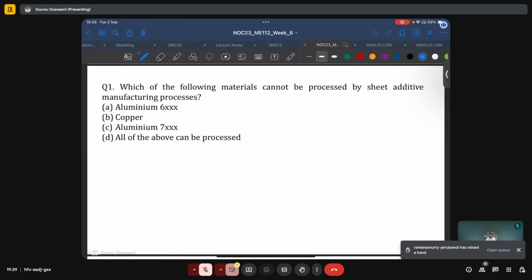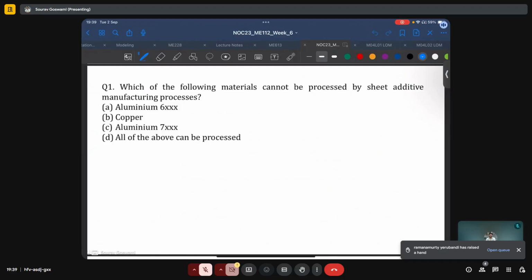The first question is, which of the following materials cannot be processed by a sheet additive manufacturing process? The options given to us are aluminum 6000 series, copper, aluminum 7000 series, or whether all of them can be processed. Now, in the context of sheet additive manufacturing process, what we saw is that most of the time they are solid state processes, and thus they're amenable to the processing of metallic materials, even aluminum and copper.